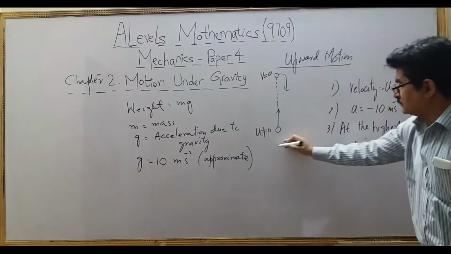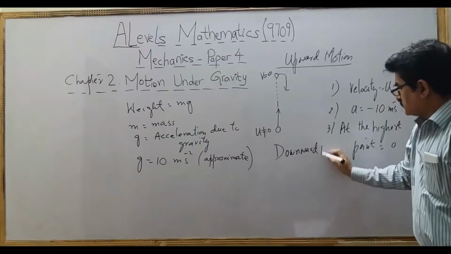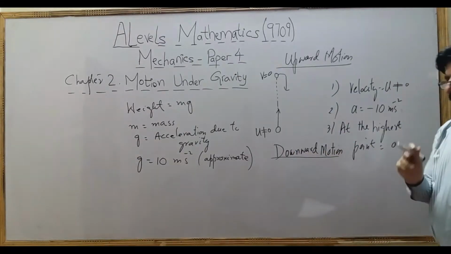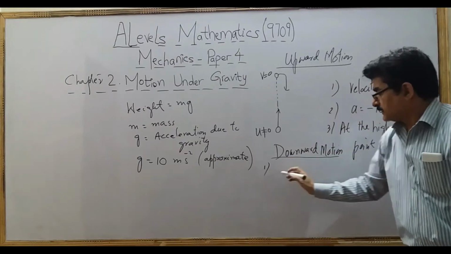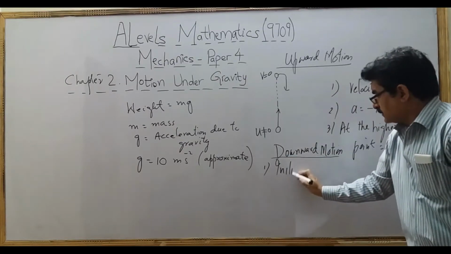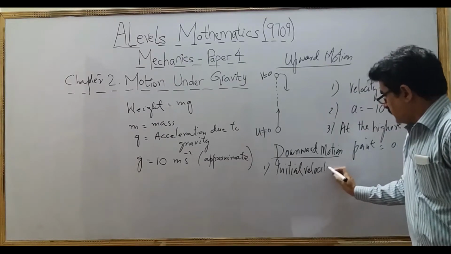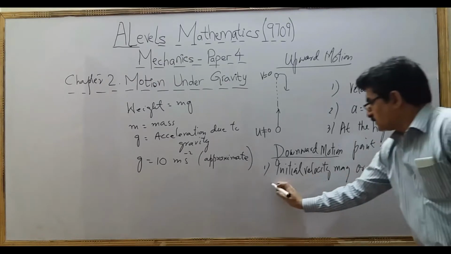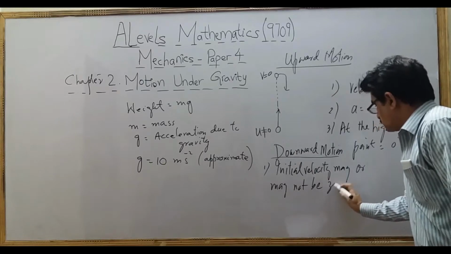Similarly, we have downward motion. We have to keep these points in your mind. For downward motion, now there is a difference between upward and downward motion. Firstly, number one, initial velocity, very important point, may or may not be 0.